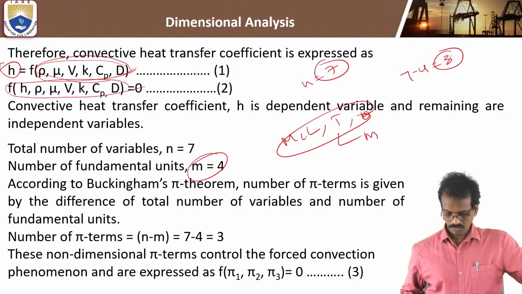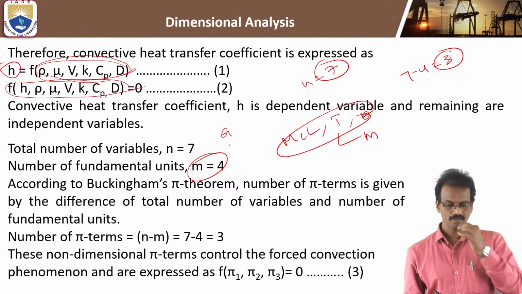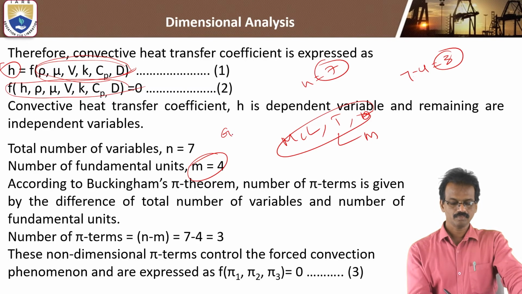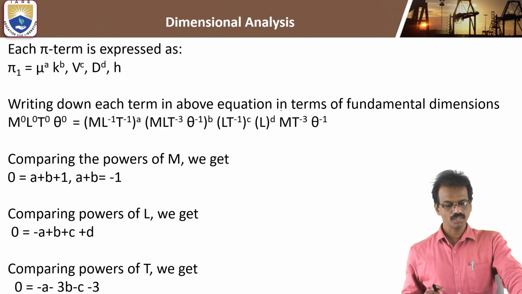We have to identify the repeating variables. First, based upon the geometry, how to take the standard dimension. Next, based upon the velocity. The third one is based upon the flow. You have to choose those.